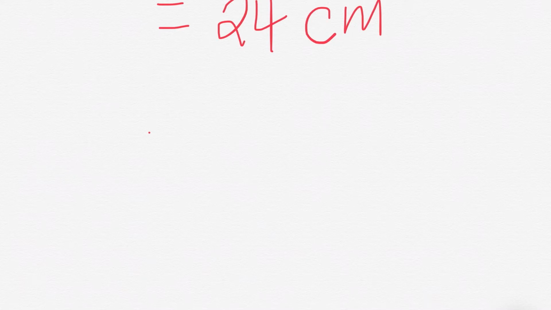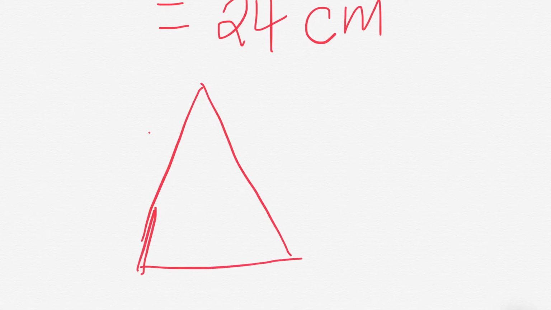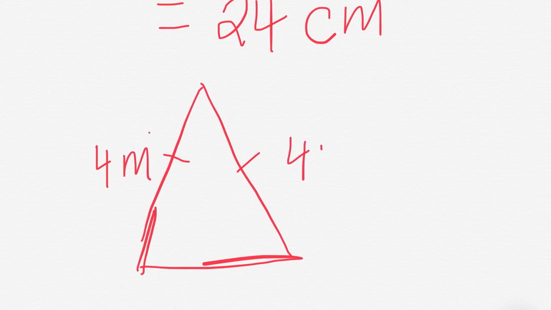However, if it is an isosceles triangle, which has two sides the same, and the two same sides have been given the value 4 meters with a base of 6 meters.